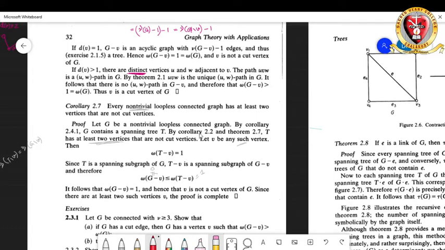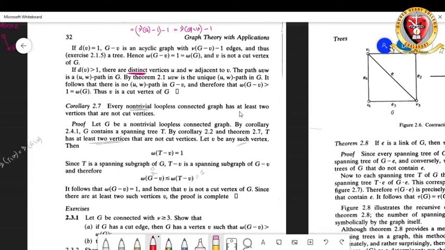Combining those two results, we get that the spanning tree T will have at least two vertices that are not cut vertices. Among those, we take a vertex v which satisfies this property.